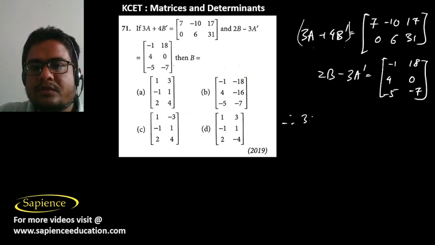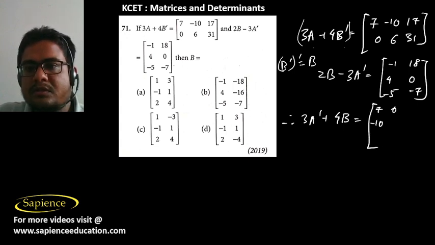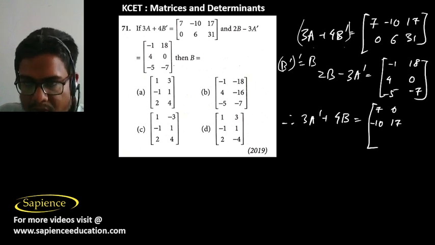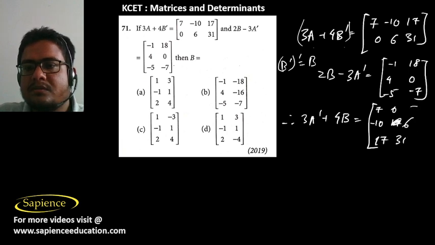Then we'll have 3A plus 4B transpose whole transpose, and since B transpose whole transpose is B only, 4B is equal to the transpose of this whole thing, which is 7 0, minus 10 6, 17 31.